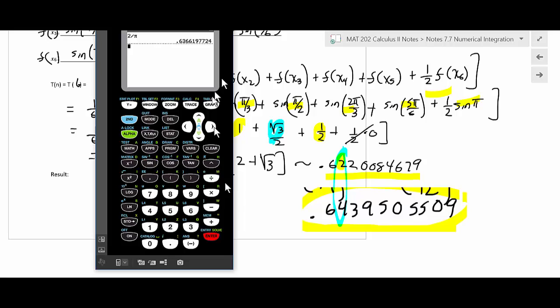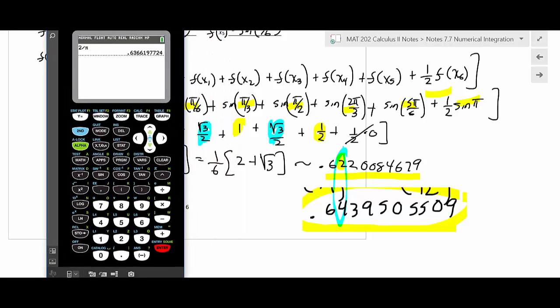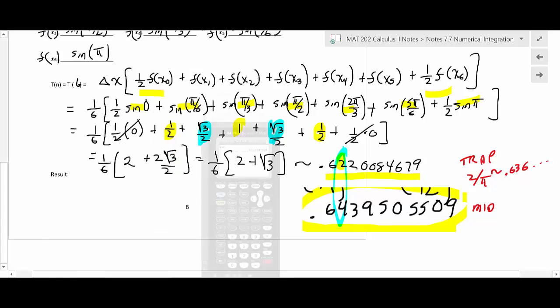Okay, gives that. Okay, so 6.3, see how it's kind of in the middle? So you got the 0.62 is the trapezoid, and then the exact answer, so we're accurate within 1 decimal place just by doing a small number of trapezoids. So that's your trapezoid, that's the midpoint, and then 2 over pi, which is about 0.636, and then a bunch of decimals is the exact answer. Okay, so that's kind of the idea. Kind of tedious, isn't it? Okay, so that would be how you would do the trapezoid rule on that.